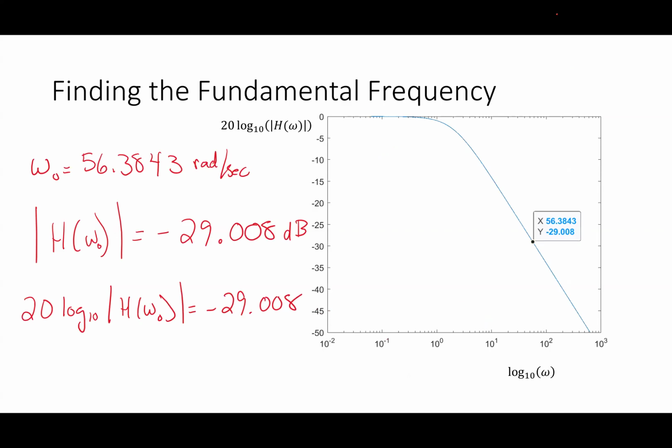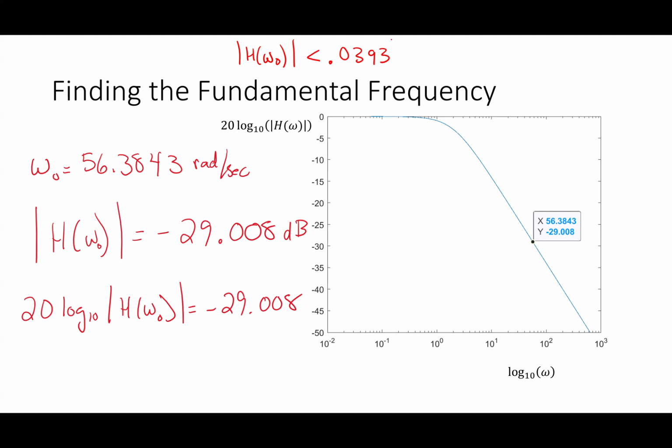So basically this is the graph that we had. We said the constraint that we had was that we wanted to choose h of omega naught to be less than 0.0393.